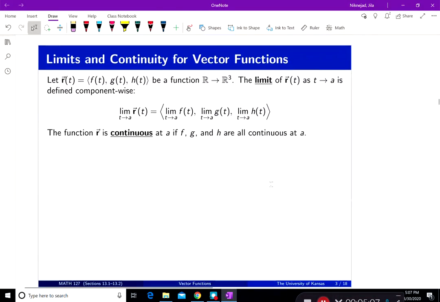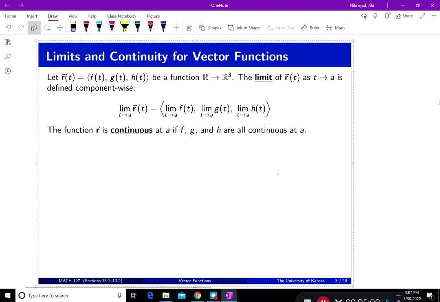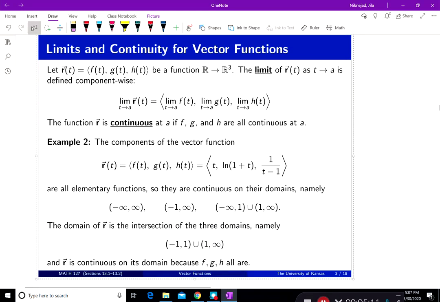Now, example 2. The components of the vector function r of t equal to f of t, g of t, h of t are t, natural log of 1 plus t, and 1 over t minus 1.